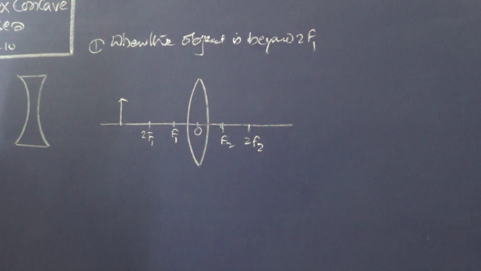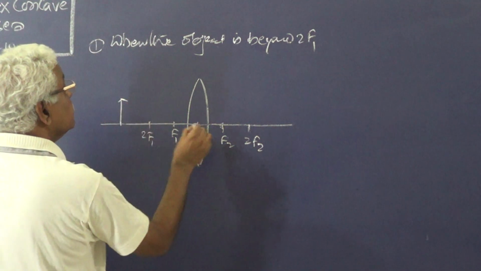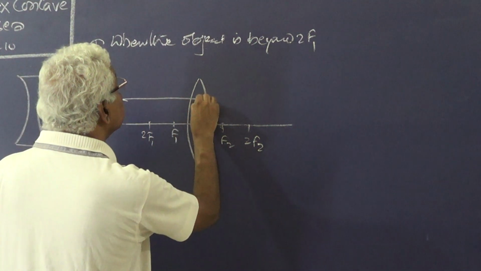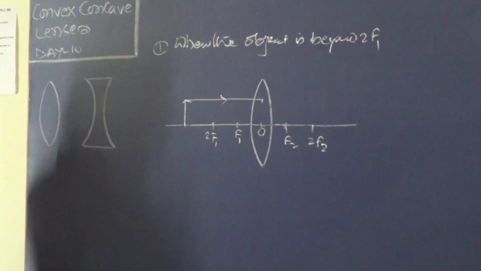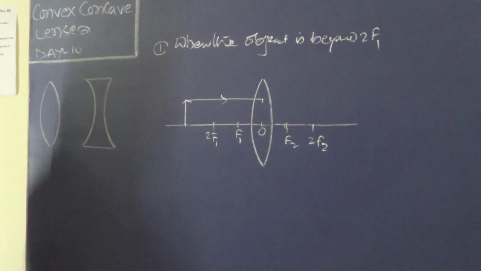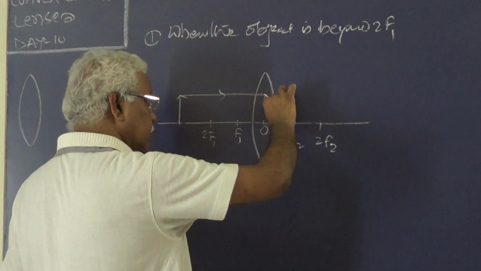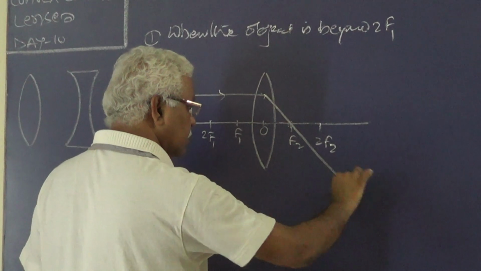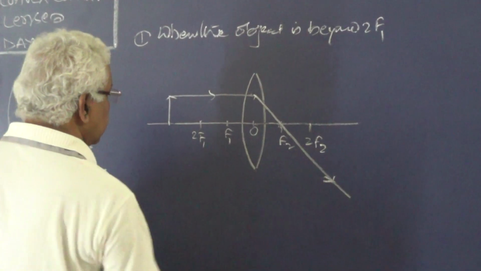Now where the image will be formed, please pay attention. The ray parallel to the principal axis, after refraction, will pass through the focus.